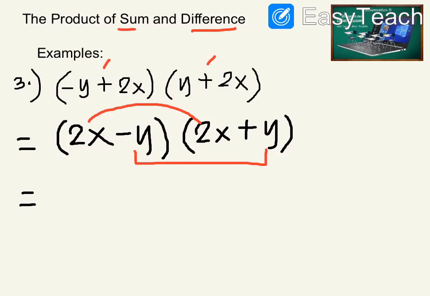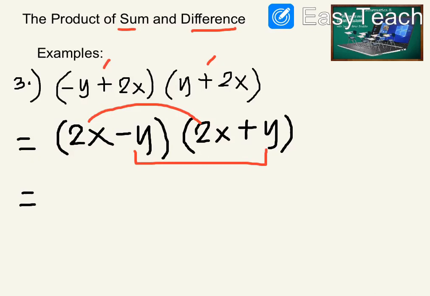Okay? So no need again to apply the distributive property, but I'd like to remind you this is applicable only for the product of sum and difference. It should be identical, no, but not the sign of the middle term.